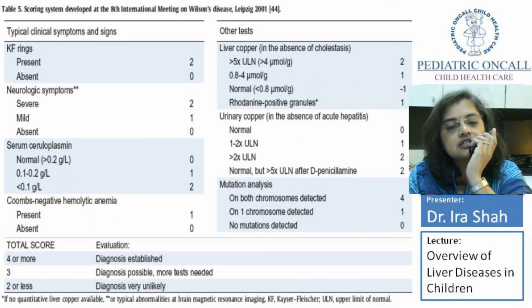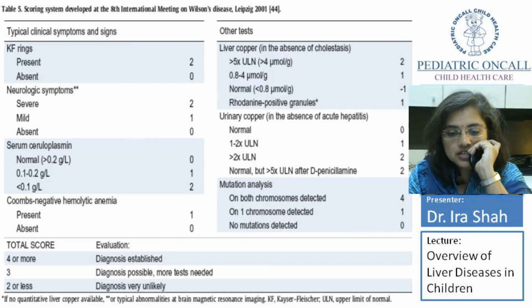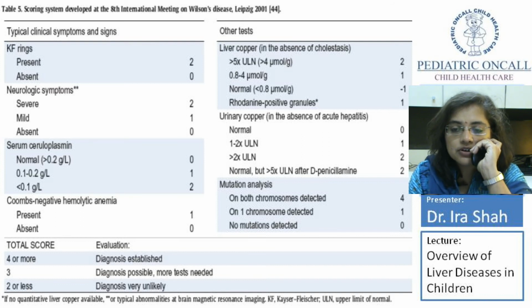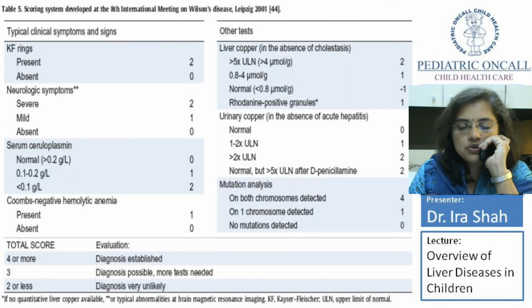Now among your Wilson's, nothing is foolproof. So you could have a child with Wilson's without a KF ring or a KF ring present and 24 hours urine copper not elevated. So there is a scoring system that has been developed in 2001 as to how do we diagnose Wilson's. 4 things that you first look at: KF ring, neurological symptoms, serum ceruloplasmin and Coombs negative hemolytic anemia.